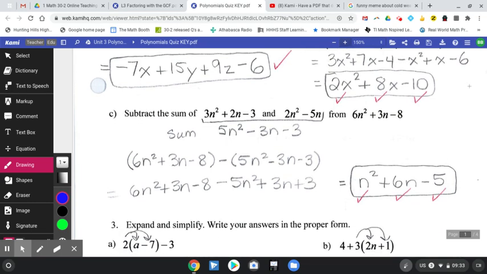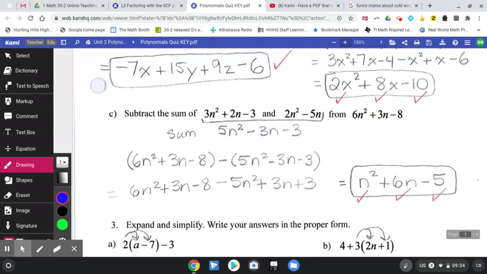And for C, similar marking here, 1 mark for each term that you have correct. And if you have wrong order, you're going to dock yourself half a mark. And notice the setup for this one. First thing I did was I found the sum of this and this.